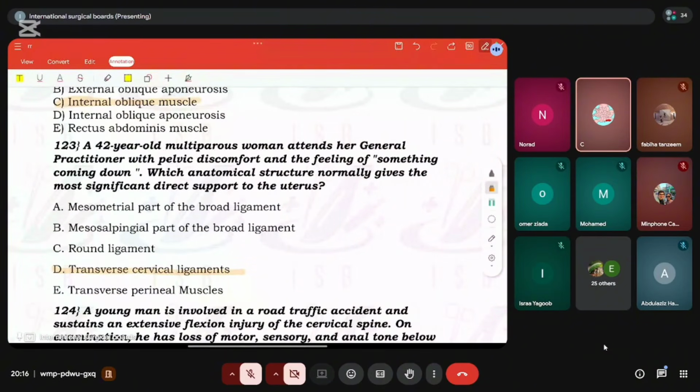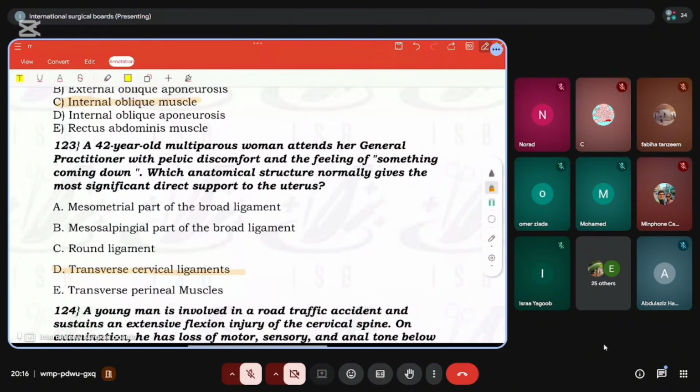Okay. So look, guys, the uterus is held in the pelvis mainly because of what? Mainly the cervical ligaments that attach to the uterus and cervix and link them to the endopelvic fascia. Actually, these cervical ligaments are thickenings of the endopelvic fascia, without going into details. There are pubocervical ligaments, posterior sacral ligaments and transverse cervical ligaments.